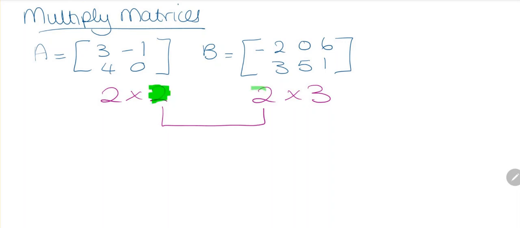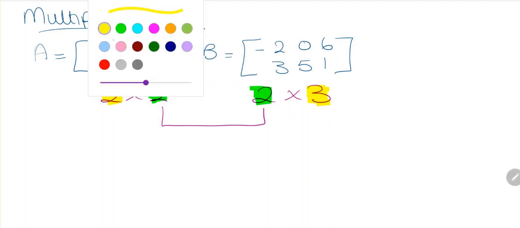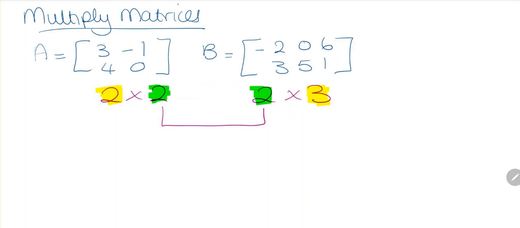These are the same, so we will be able to multiply. And then we look at the outside. So we know that when we multiply A multiplied by B, we will have a 2 by 3 matrix for our answer.